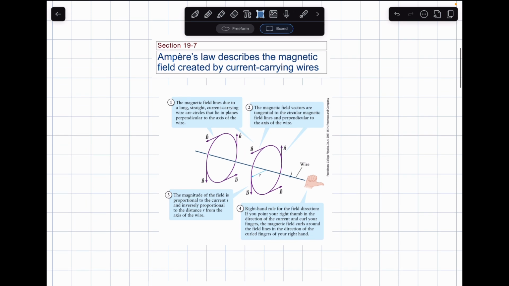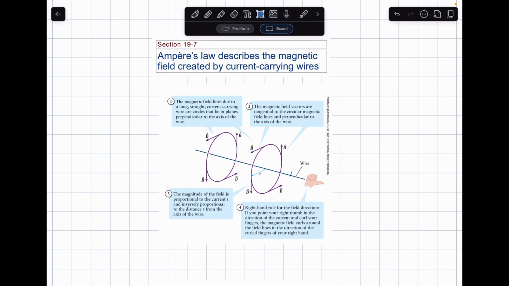But first, the way that we find the magnetic field created by a current carrying wire is we stick our thumb in the direction of the current, and then our fingers are going to curl around in a circle around that thumb. Where our fingers are in relation to the thumb is going to give us the direction of the magnetic field.